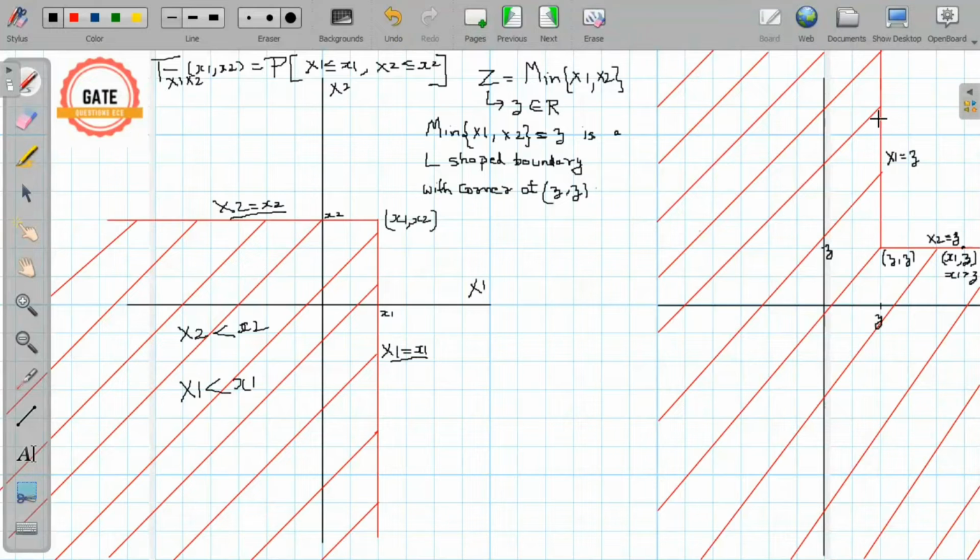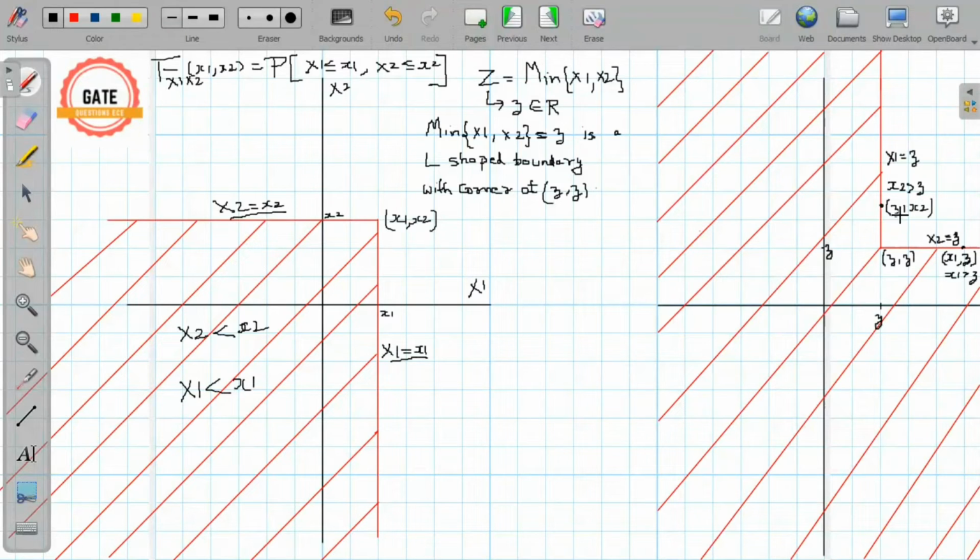Similarly, on this vertical section, you can take any point here. For example, if I consider this point and write its coordinates, then its coordinates will be z comma x2, and x2 is minimum here. Its minimum value is z, and as we move upwards its value will increase beyond z. So on this vertical section, x2 is going to be greater than z.